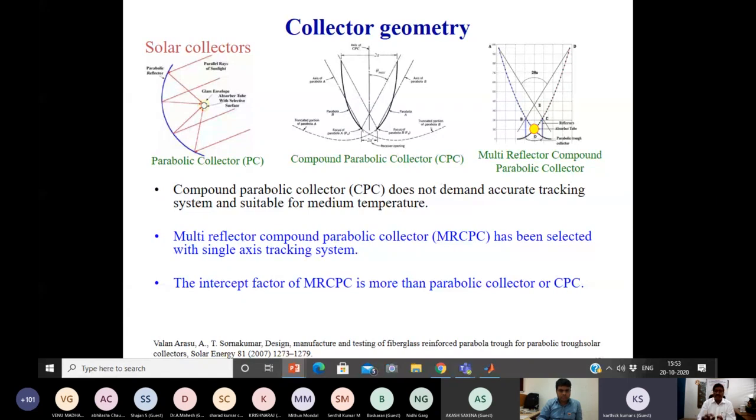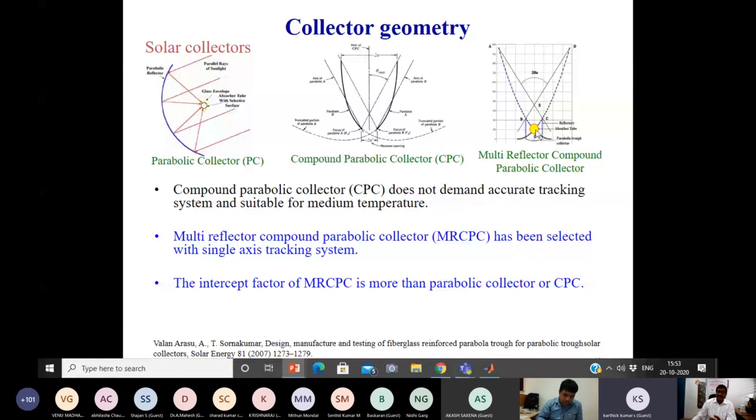In the compound parabolic collector, you can see in the last diagram where we are using this passive tracking system, three parabolas have been integrated together. The left-hand side parabola is different, the right-hand side is different, and at the bottom one more small parabola is there. These 3 parabolas are combined together to make the multi-reflector compound parabolic collector.